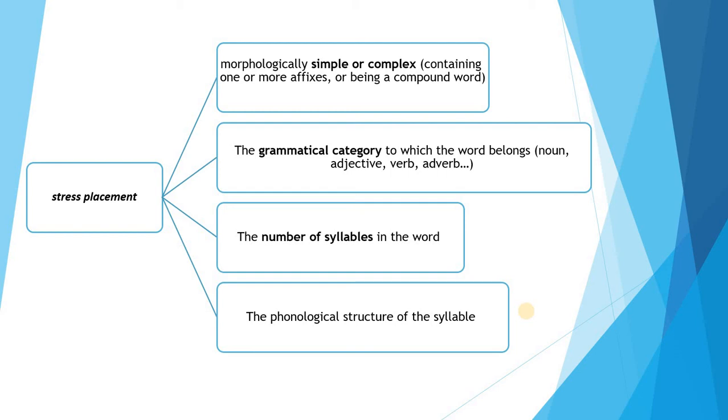A complex word contains affixes, like for example happiness: happy and ness, where ness is a suffix; unhappy, where un is a prefix. So this is complex. And compound words are normally formed of 2 other words, meaning something else. So the morphological category is very important, whether it is a simple, complex, or compound word.